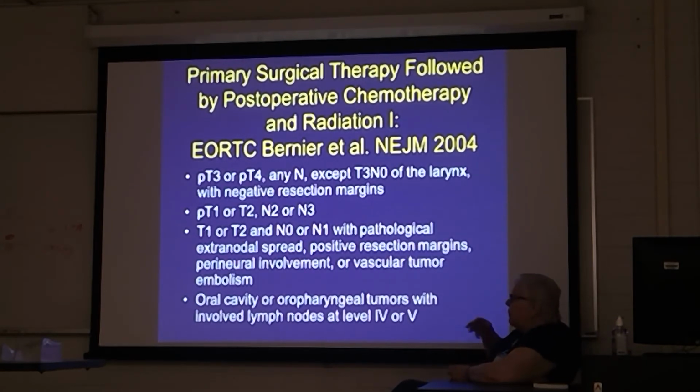Extranodal would mean that it's spread elsewhere, but not to nodes. So if you had an oropharynx, it could have spread to the nasopharynx or the laryngopharynx.